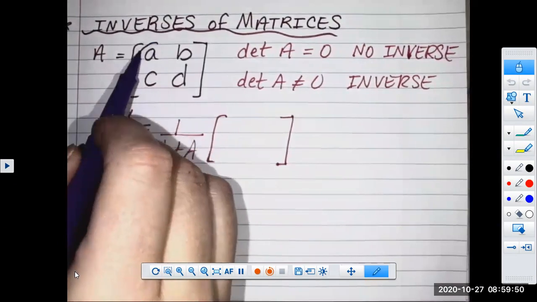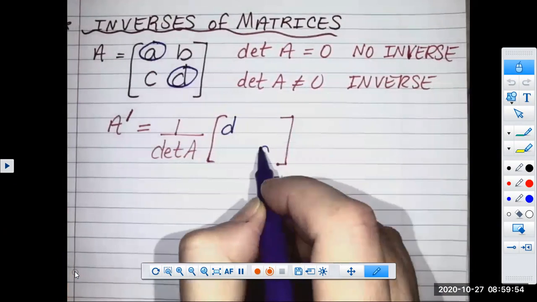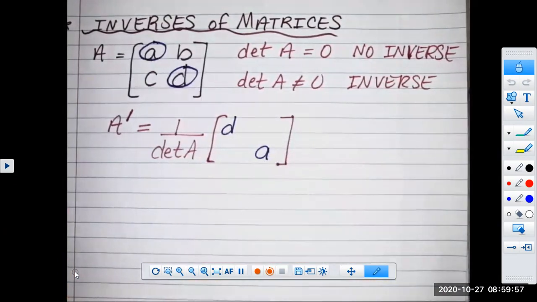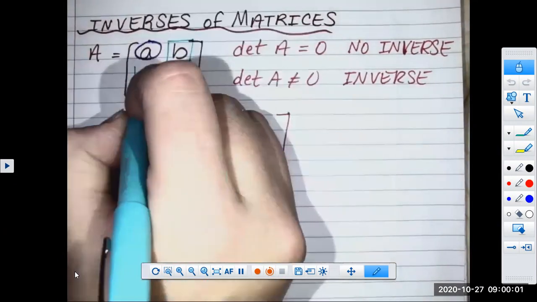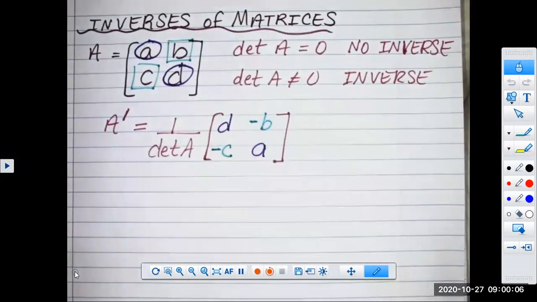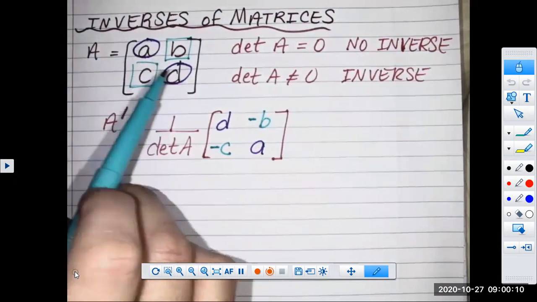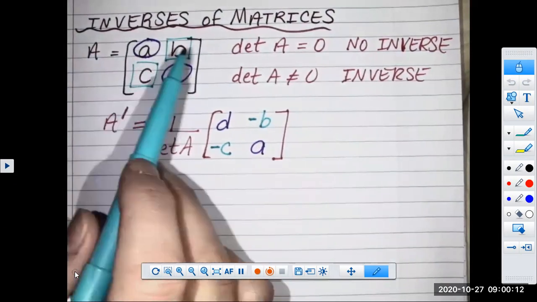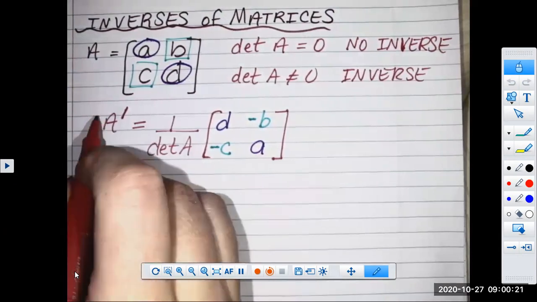You're going to switch places with A and D. And B and C change signs. B and C change signs. Switch, change, switch, change. After you distribute this fraction to those new elements, you will have your inverse matrix.